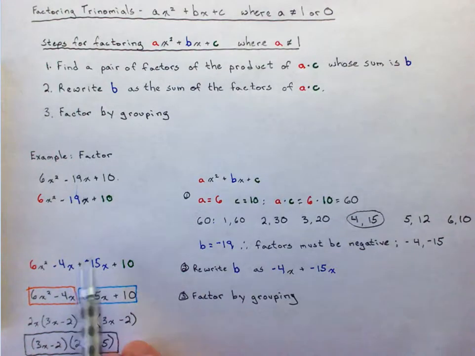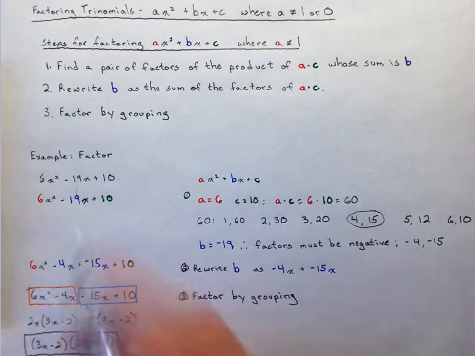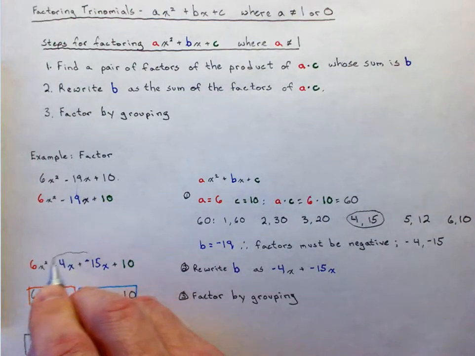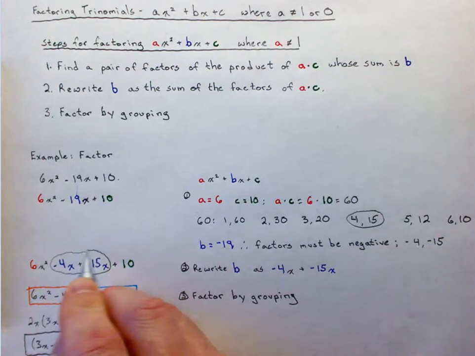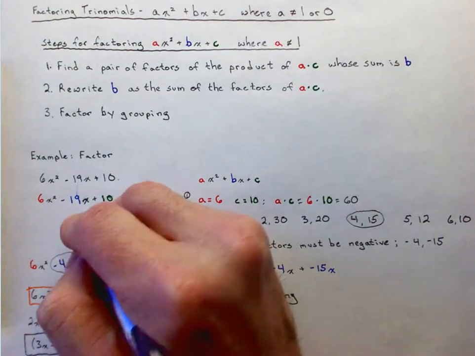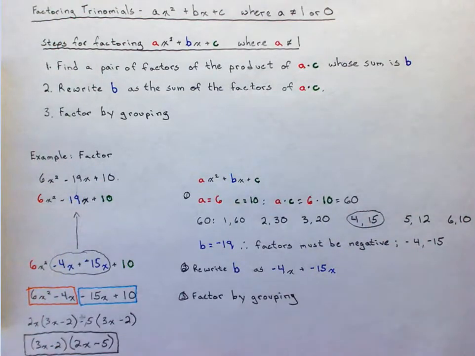All I've done here is rewrite a negative 19 as those two terms, a negative 4x and a negative 15x. Next, I will factor by grouping. So I'm going to group these two terms together and these two terms together.